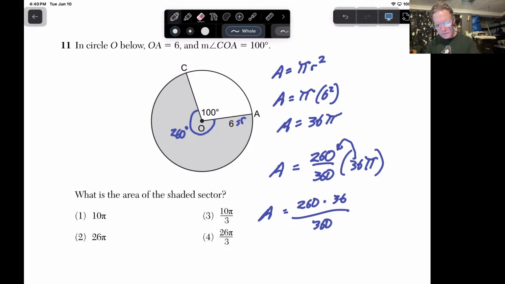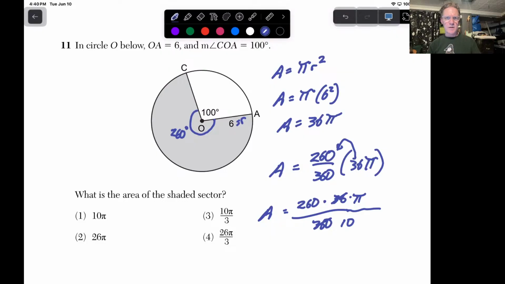If that helps you to think about it, you could extend this and just make this pi, right? And then you're just multiplying the 3 numbers in the numerator and then dividing by this 360 in the bottom. Well, what's 36 divided by 360? Well, that just simplifies to 1/10, right?